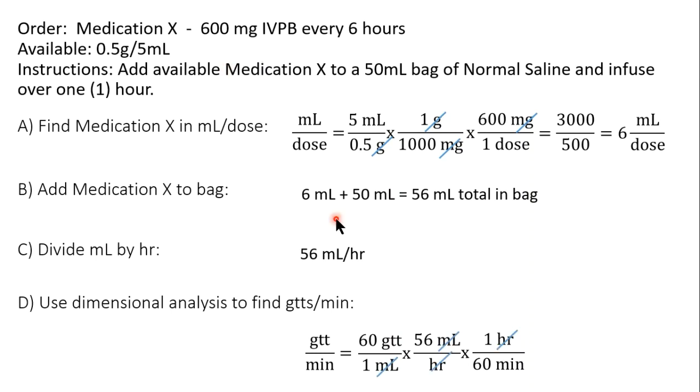And since we have a 60 on the top, a 60 in the bottom, those cancel out as well. So we are just left with 56 drops per minute. Of course, you could go over 60 times 56 and then divide by 60. But for me, it's easier when I see it separated like this. You see, oh, okay, I have 60 on the top, a 60 in the bottom. So it's just the same as just multiplying the 56. So that's why we have 56 drops per minute as our answer.